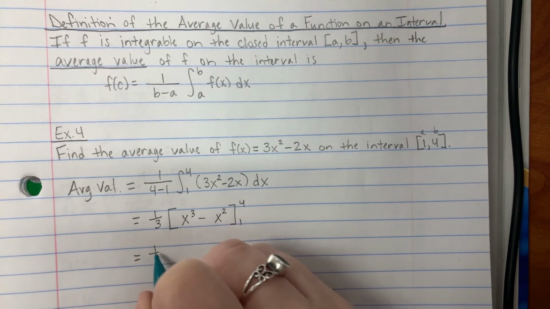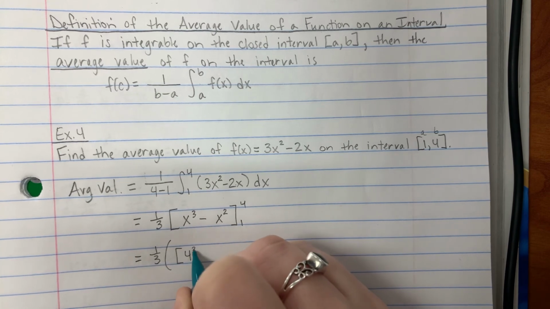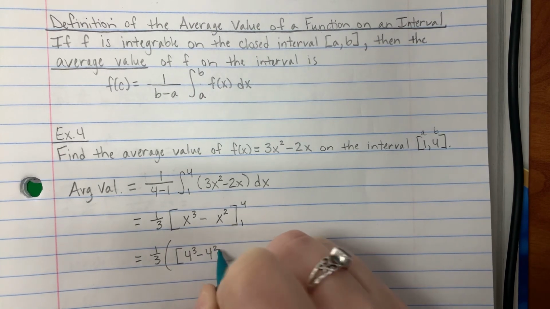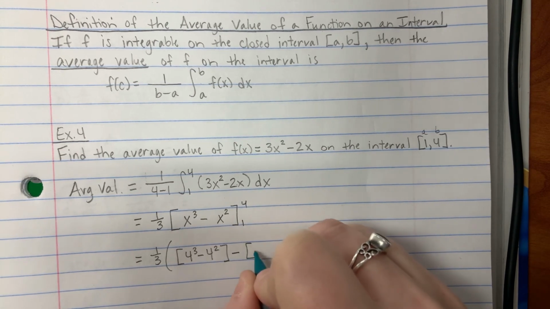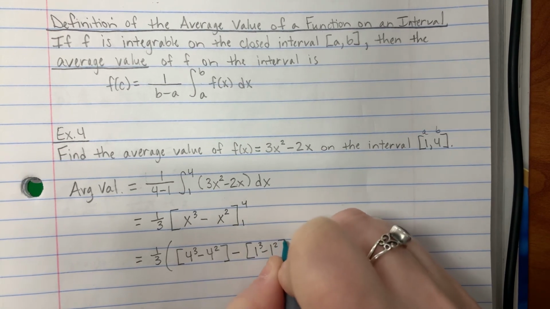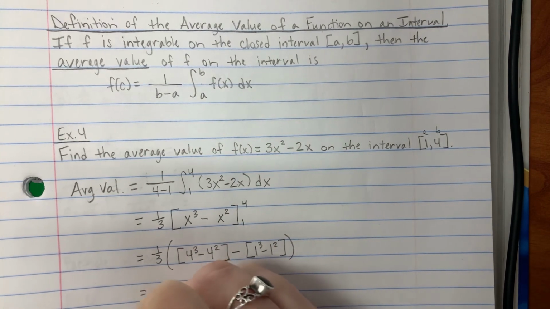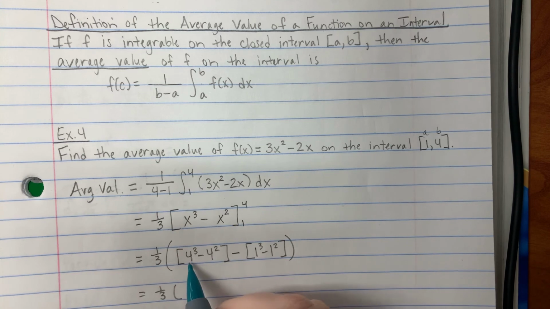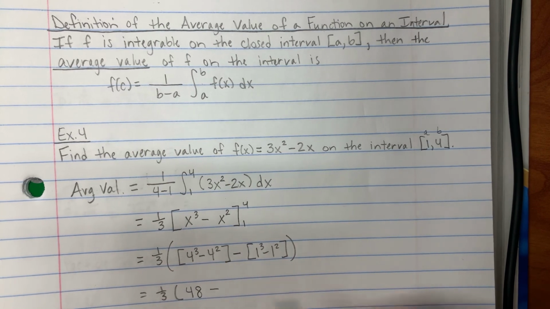So I'm going to take 4 to the 3rd minus 4 squared, and then minus my 1 to the third minus 1 squared. So that'd be 1/3 times, 4 to the third minus 4 squared would be 64 minus 16, which is 48.